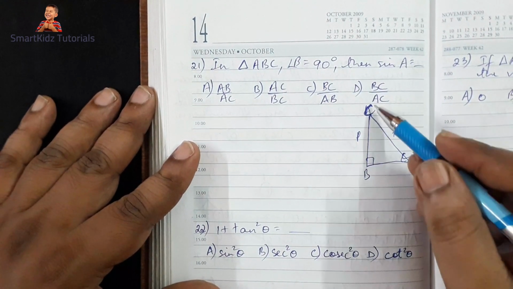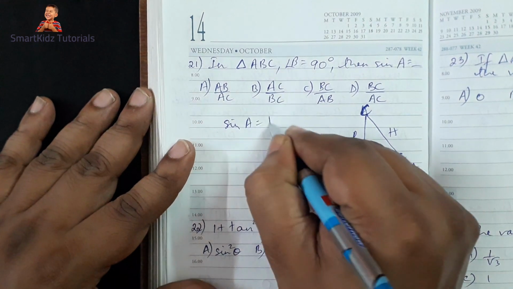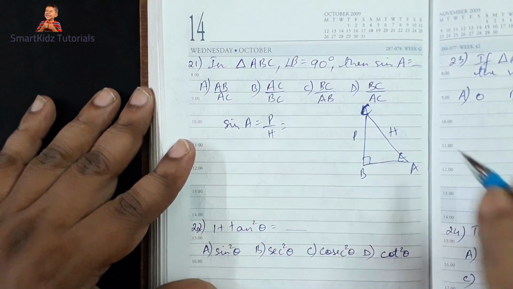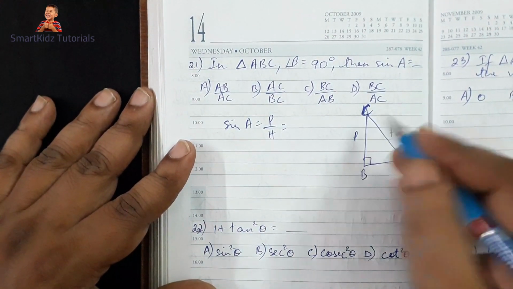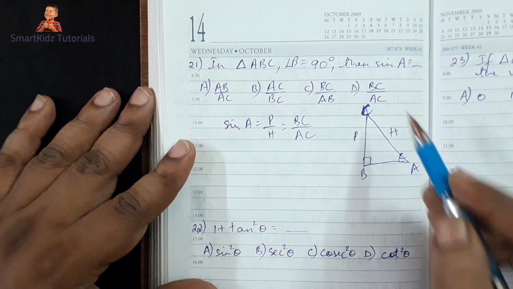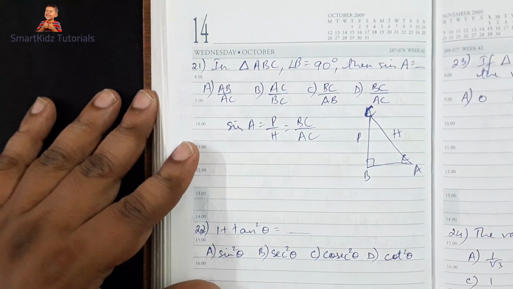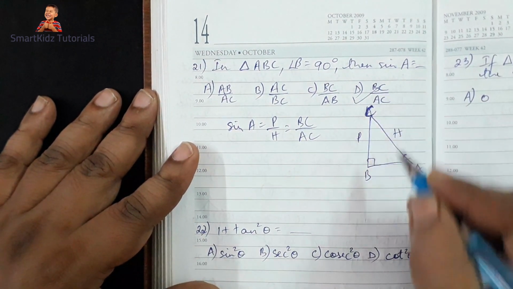So sine of A, perpendicular is BC and hypotenuse is AC. So BC upon AC, which means our correct option is D.